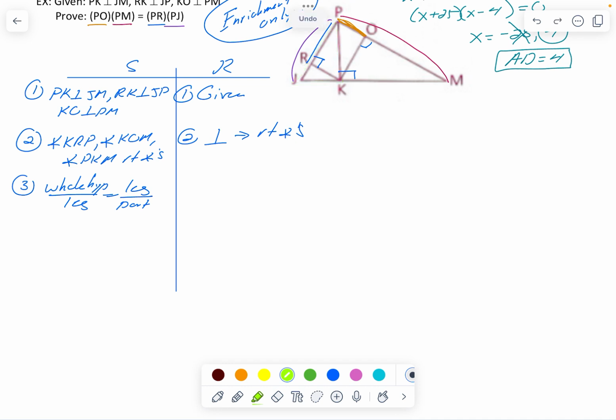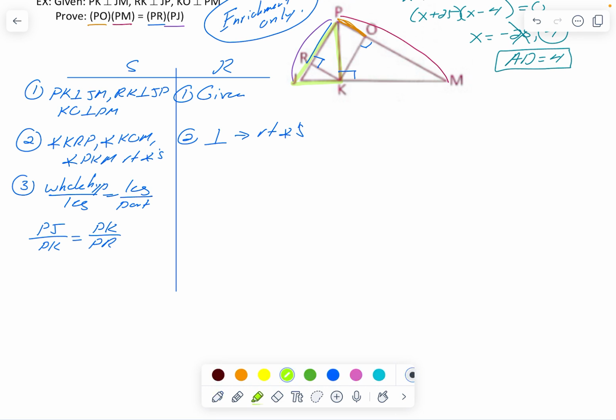For that triangle, we have PJ, whole hypotenuse, over PK is equal to PK over PR.